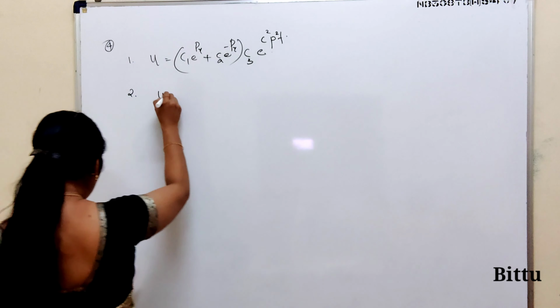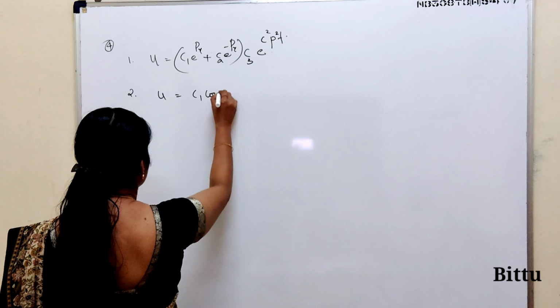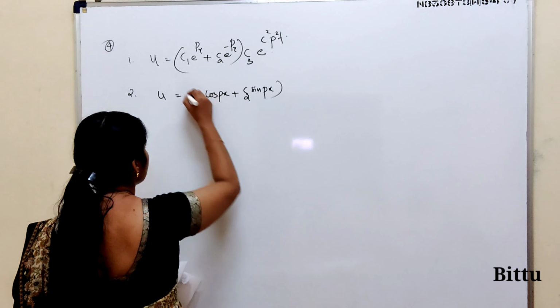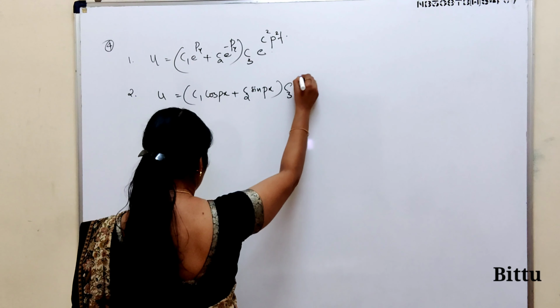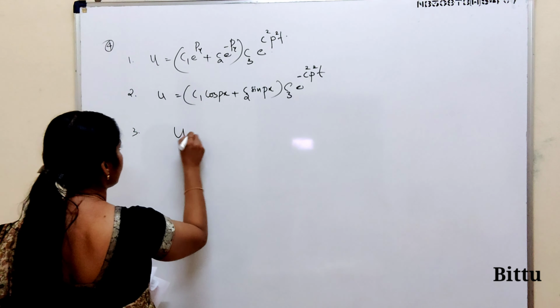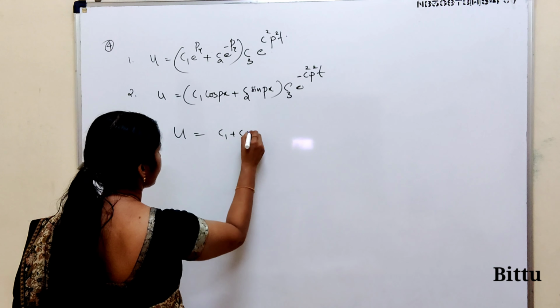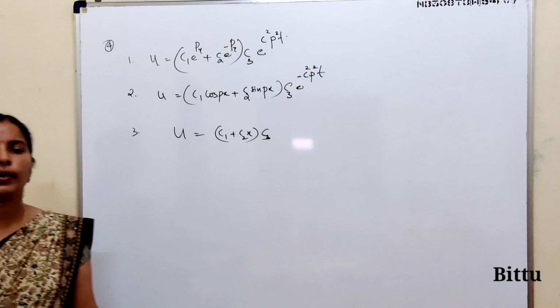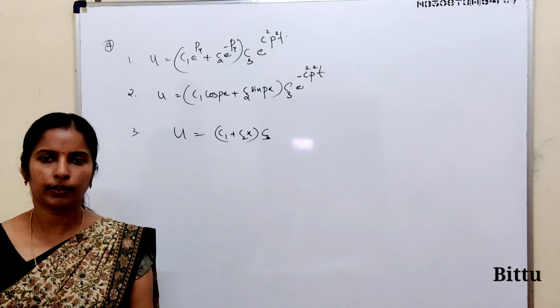Number 2, u is equal to (C1 cos px plus C2 sin px) into C3 e^(-c² p² t). Number 3, u is equal to (C1 plus C2 x) into C3. See, these are the 3 various possible solutions of the heat equation.